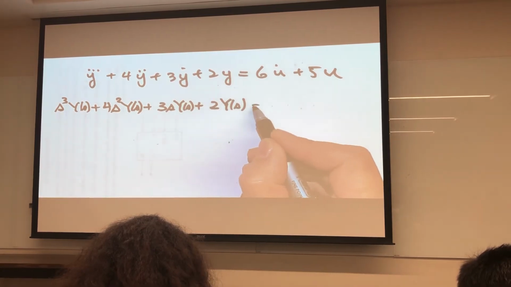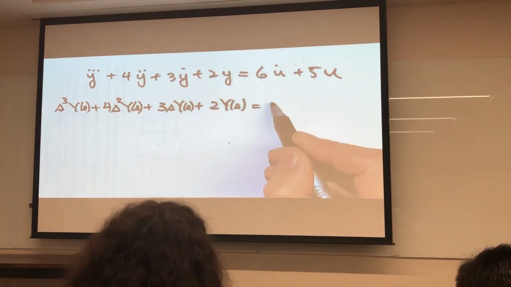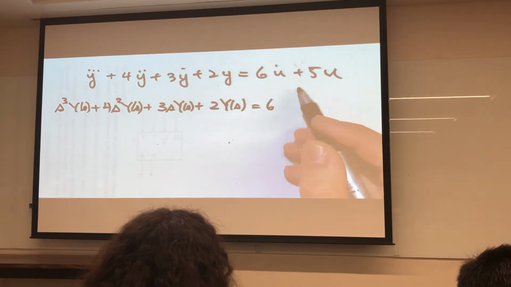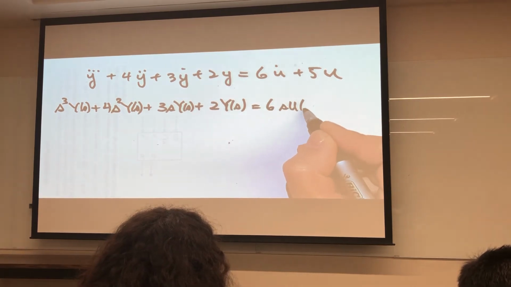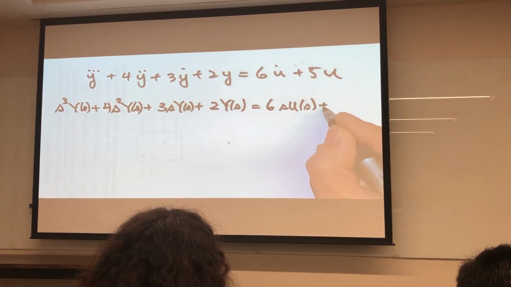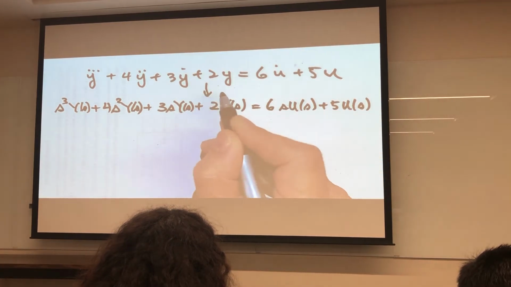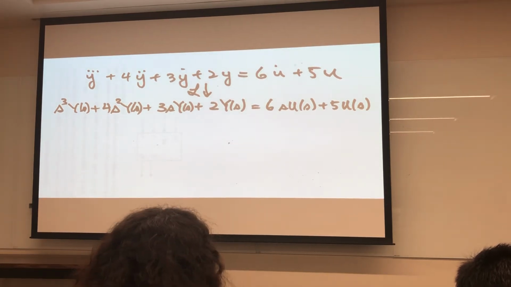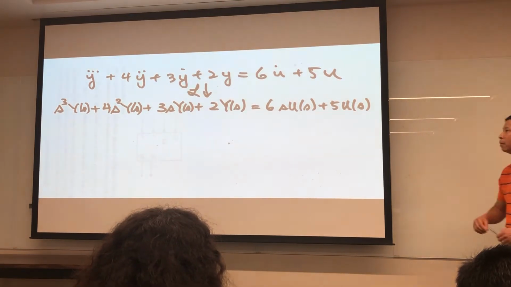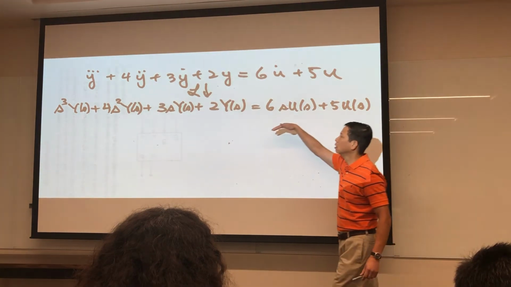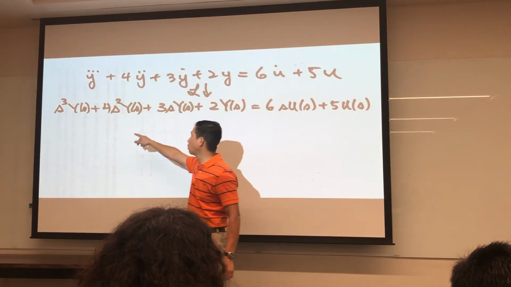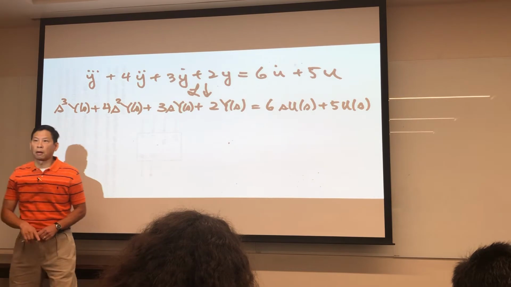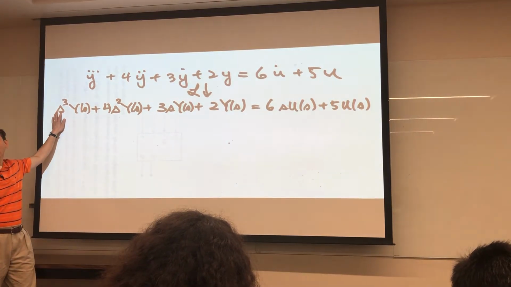And over here on the other side, I'll go ahead and write it, 6 scaling S U of S plus 5 times U of S. Take the time domain expression in the first line, transform it into transform domain, go from English to French. Instead of having calculus operations, now we have algebra operations, algebra multiplying by S.